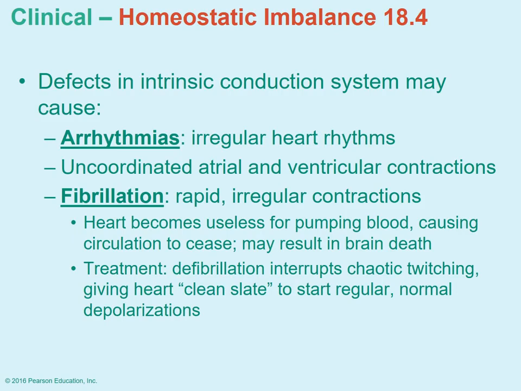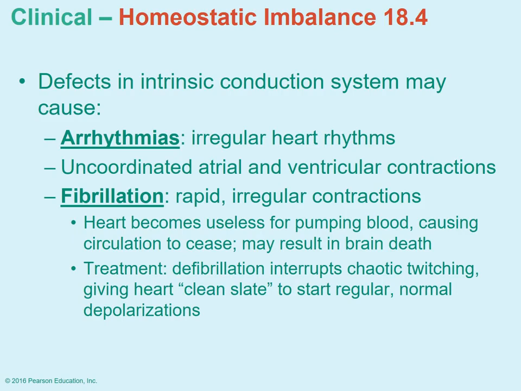Arrhythmia is the irregular heart rhythm. You have uncoordinated atrial and ventricular contractions. Fibrillation is rapid, very irregular contractions. The heart starts pumping very irregularly, and the efficiency just drops. It essentially becomes like a broken, useless pump.